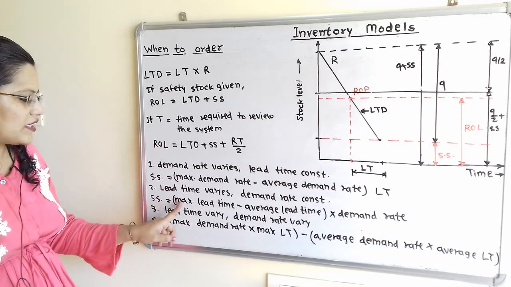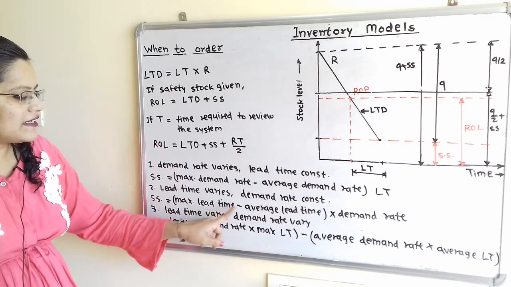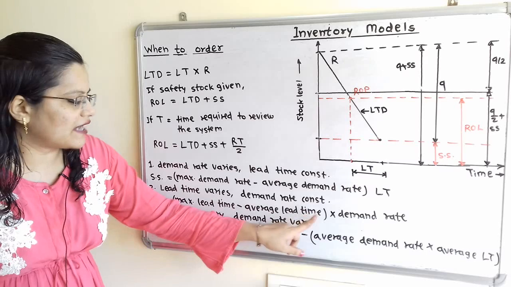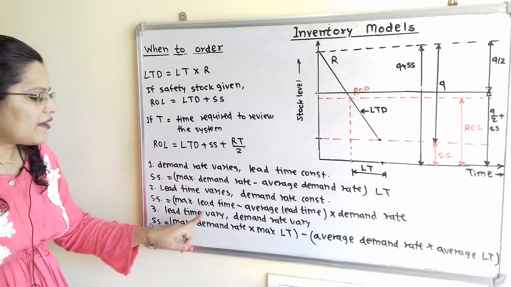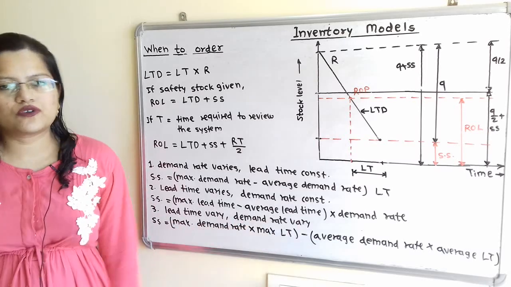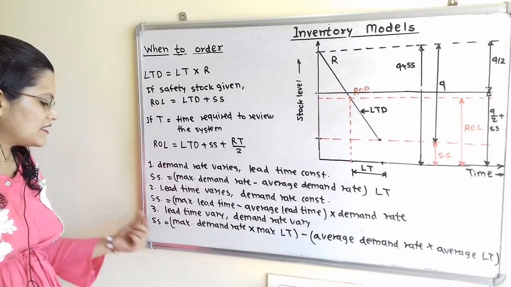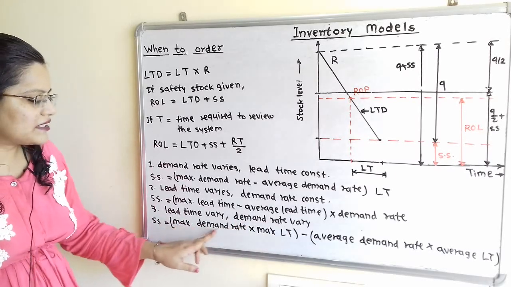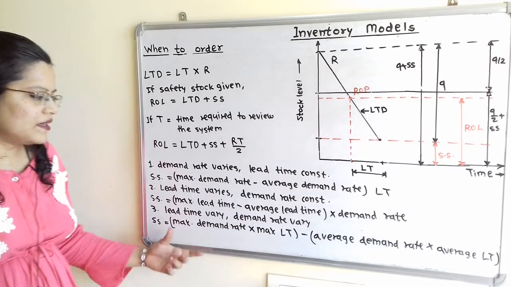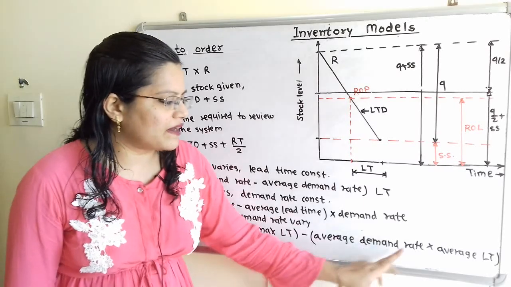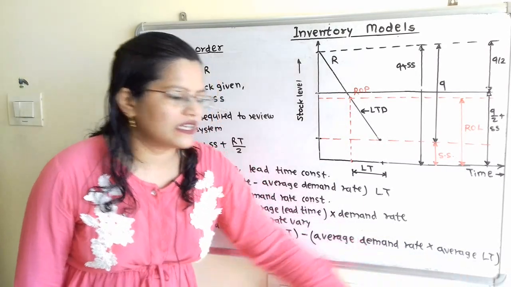Then safety stock is equal to maximum lead time minus average lead time, multiplied by demand rate. And when lead time varies and demand rate also varies, then how to calculate the safety stock? That is maximum demand rate multiplied by maximum lead time, minus average demand rate multiplied by average lead time.